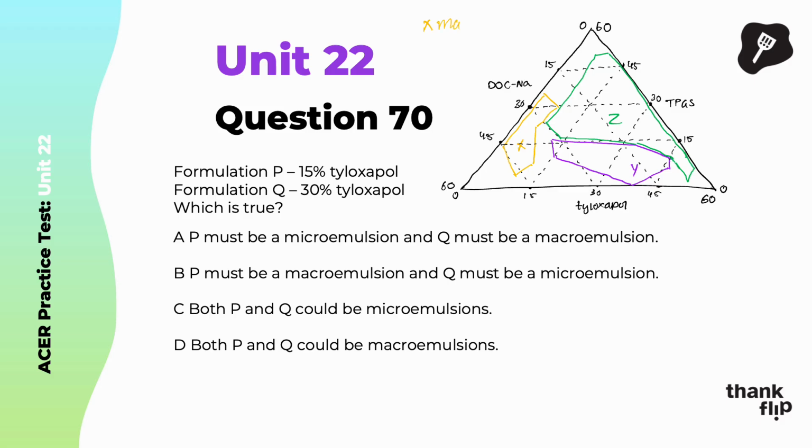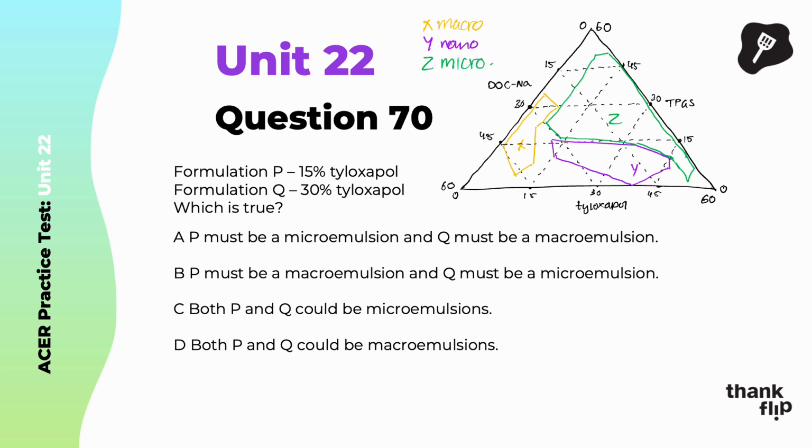And this is talking about macro emulsions. Then we have Y, which is represented by purple. And that is talking about nano emulsions. And I'm getting this information from that paragraph above the figure. And then Z, which is a micro emulsion.